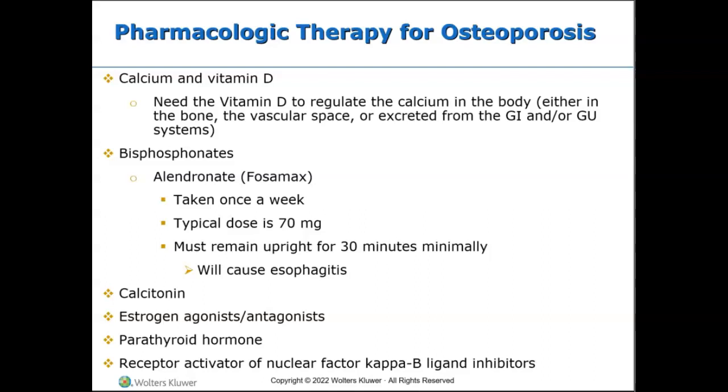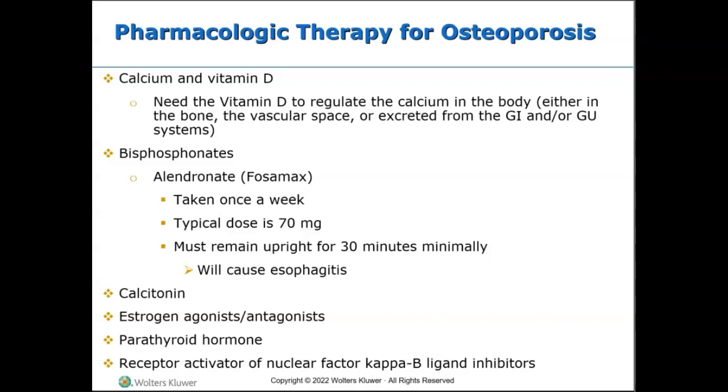So bisphosphonates, like Fosamax, slow down bone loss, improving the overall quality of the bones by allowing the body to build new bone at a rate closer to how quickly it is lost.